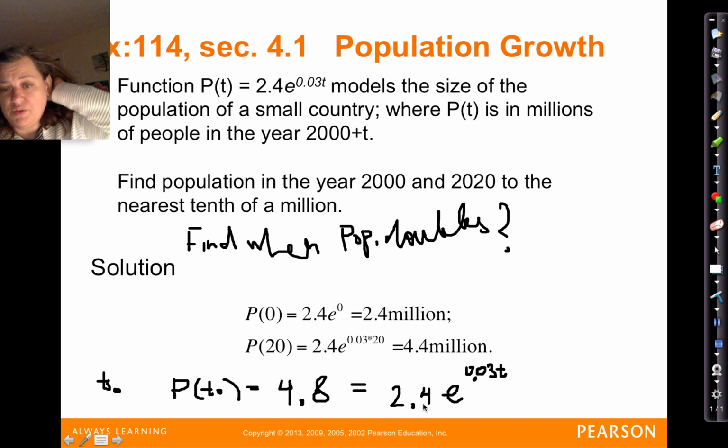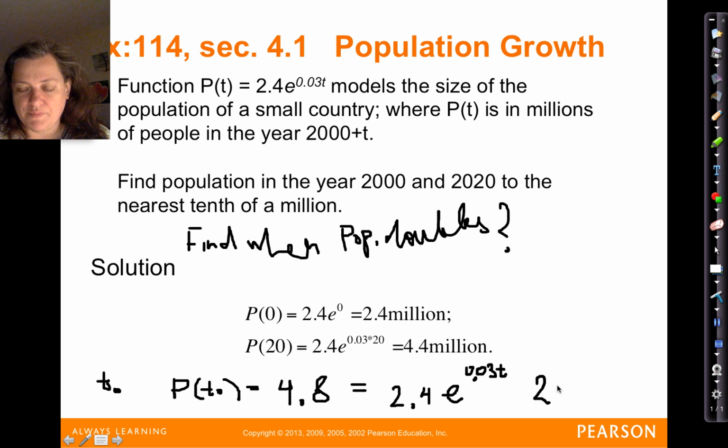Well, for starters, usually I would just divide by 2.4, and what I'm getting here is something like this. And notice this is going to be like always. So I have 2 is equal to e to the 0.03t.